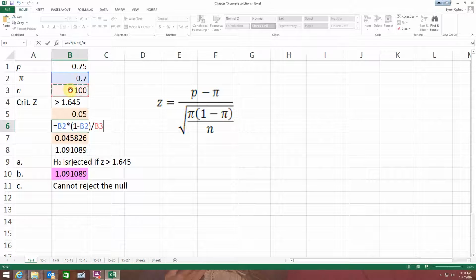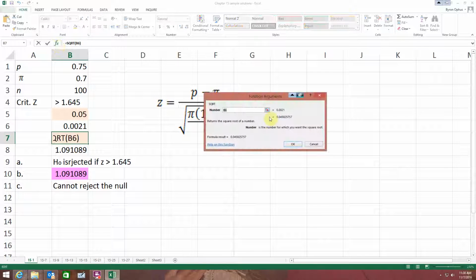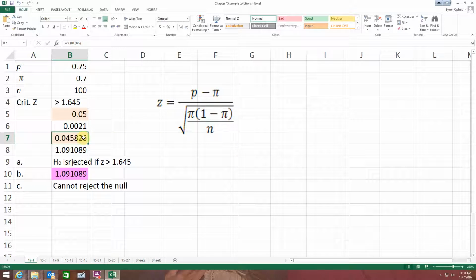Divided by my n, gives me that, and then I have to take the square root of that for the bottom part. The square root of that, and I end up with 0.045, and now I have to divide the top by this. So my 0.05, the one I have in peach, is equal to that divided by that one, and I come up with 1.09.